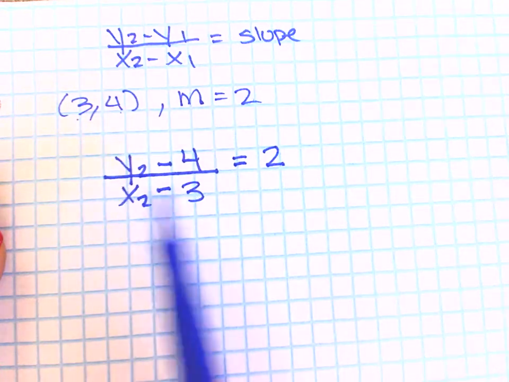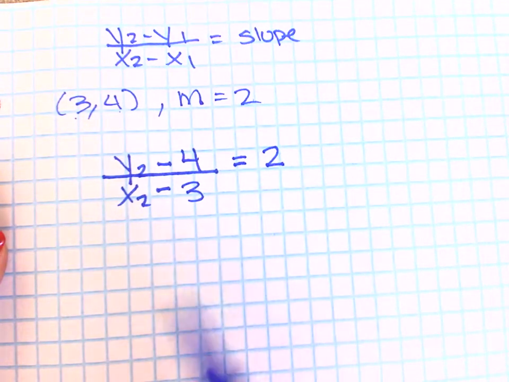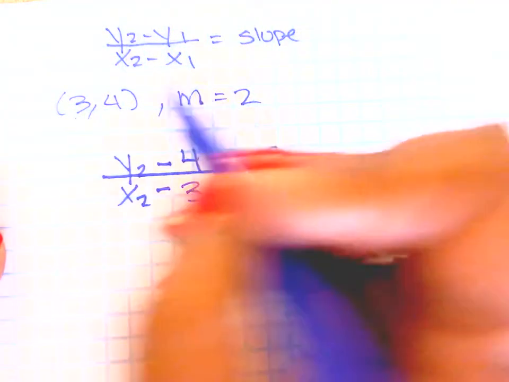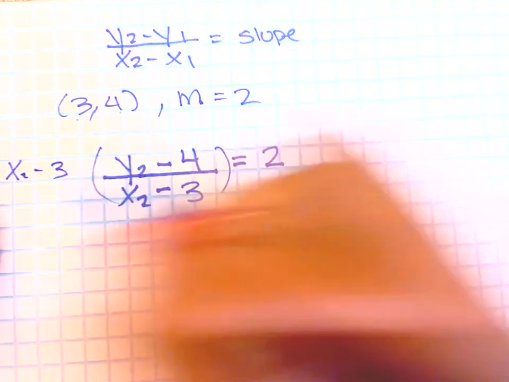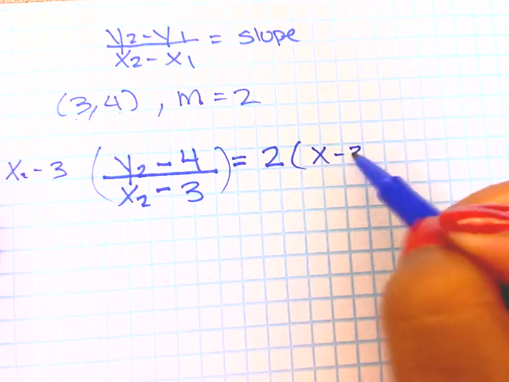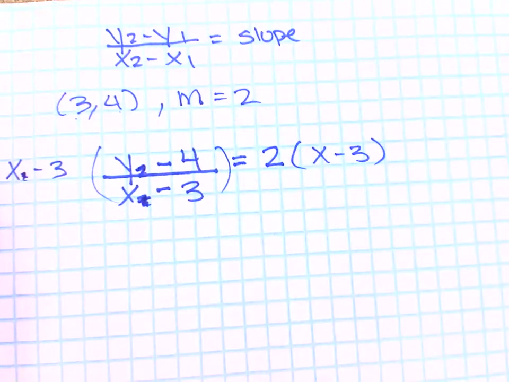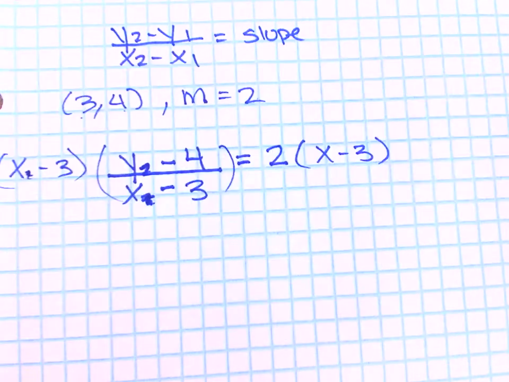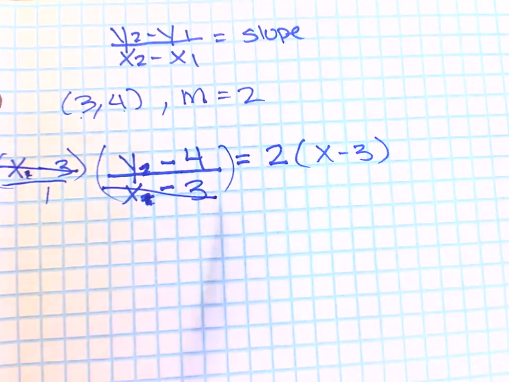Okay, in order to get rid of the x minus 3 out of the denominator, I'm going to multiply x minus 3 on both sides. You don't need the 2 there. So now my x minus 3 over 1 and my x minus 3 cancel.